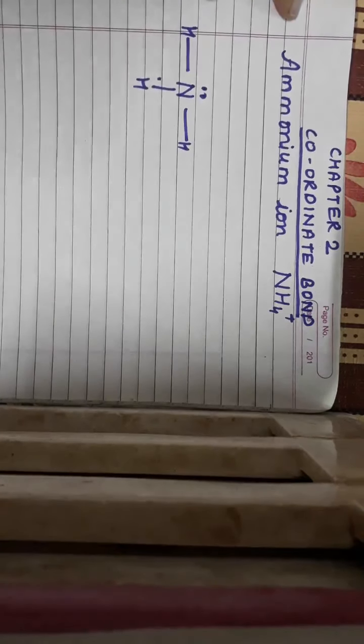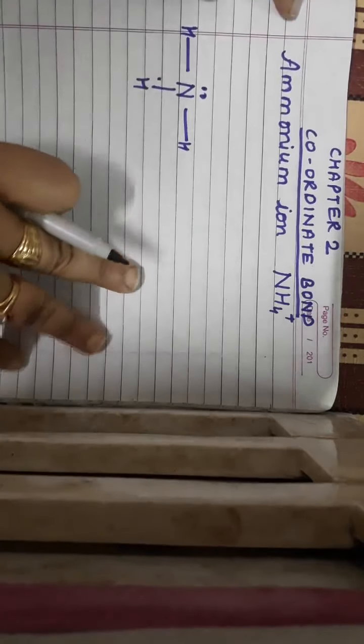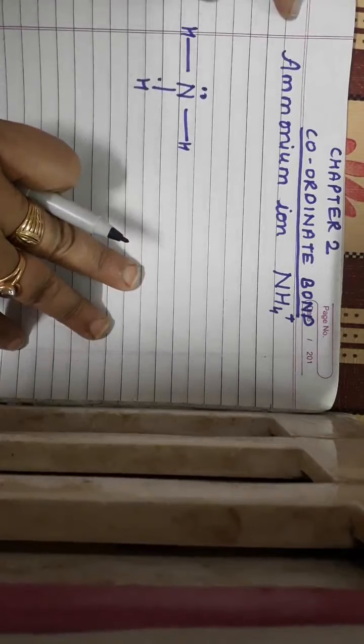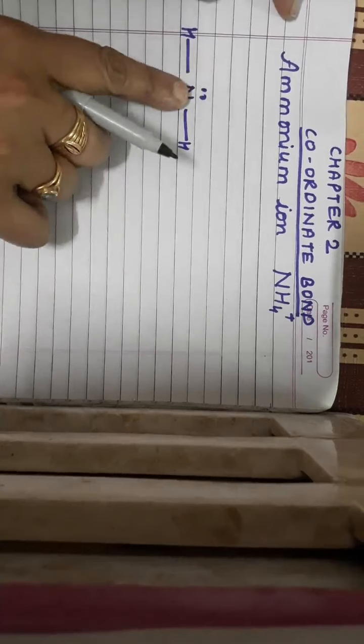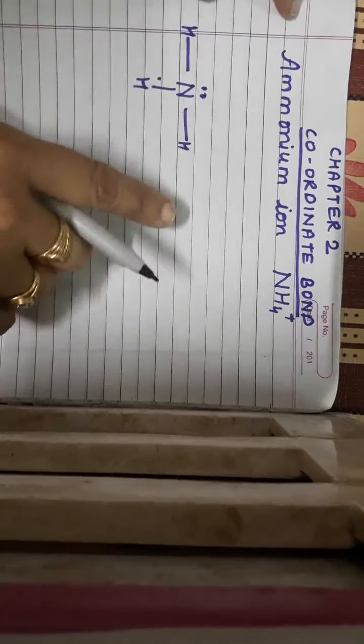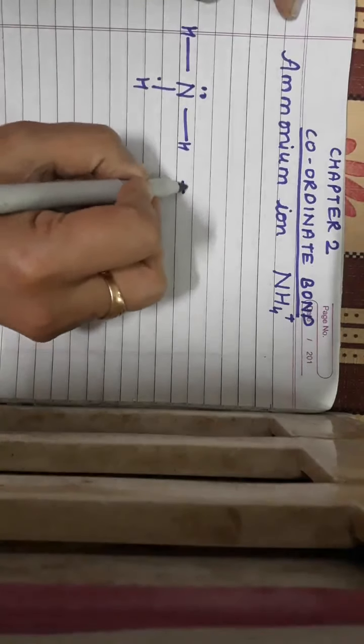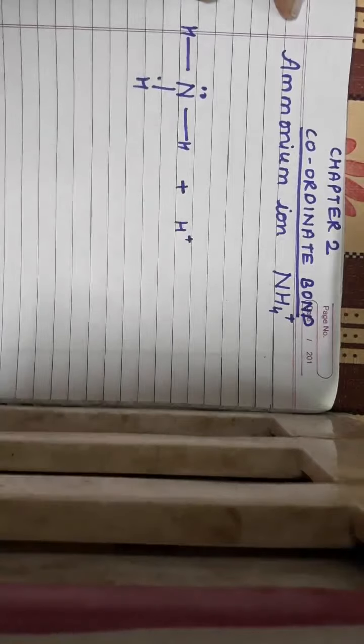So, you know the conditions for coordinate bond. Coordinate bond is formed between two atoms in which one of the combining atoms has at least one lone pair, and the other combining atom has a shortage of a pair of electrons. This happens with a proton, H plus.